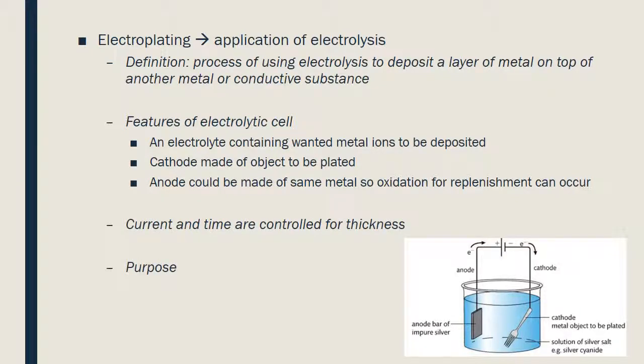The purpose for electroplating is for decorative purposes, like silverware. Corrosion control. So if you've ever heard of galvanized iron, a lot of outdoor construction materials are going to be made of galvanized iron, which means we're going to use what's called sacrificial protection. So we're going to coat those nails, staples, everything in zinc.